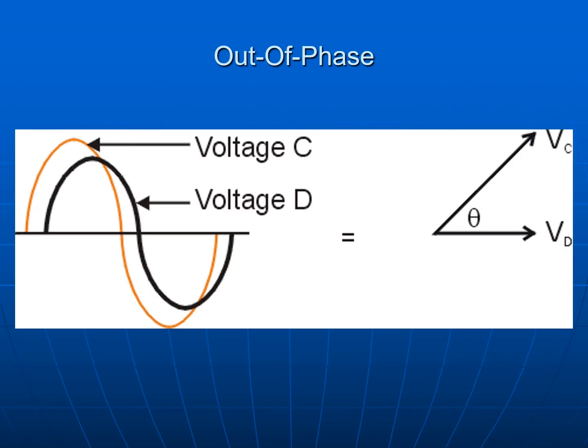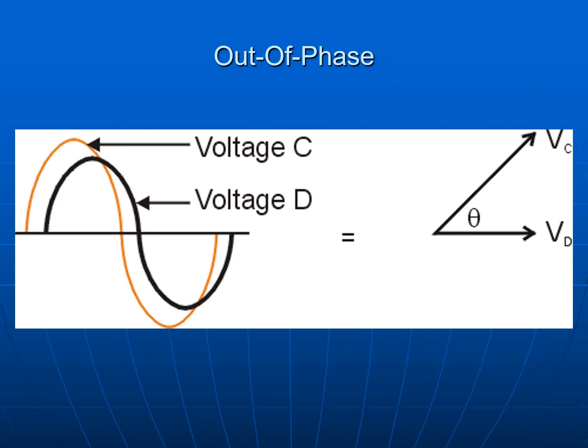The opposite of being in phase is being out of phase. And since in phase is everything lining up with each other for the zeros and peak values, when things are out of phase, then they are either lagging or leading. And what we find is that they don't cross the 0 point at the exact same time, but rather there's a time period between when they do that.